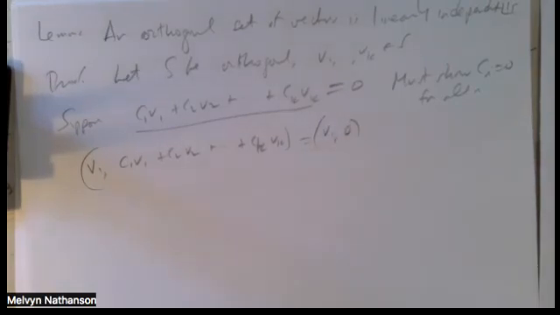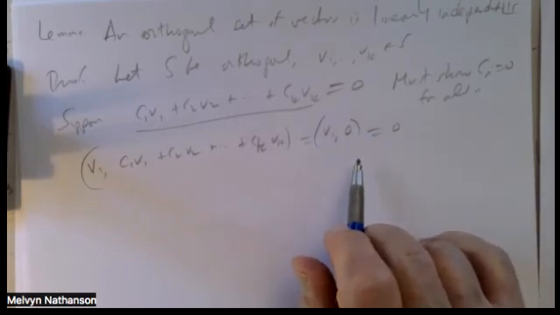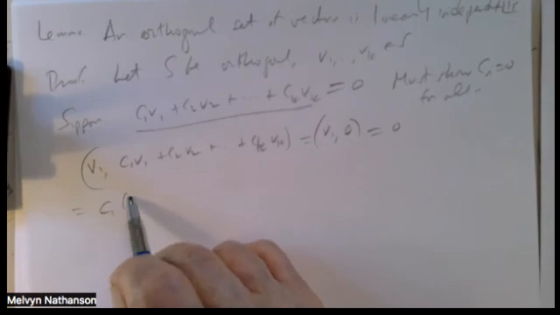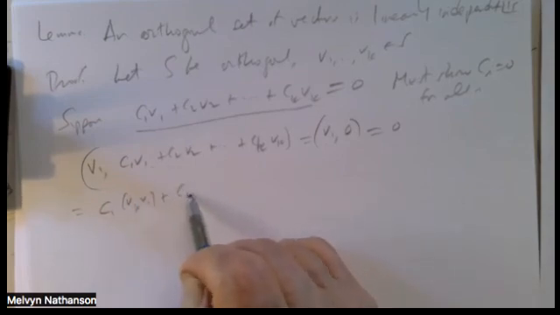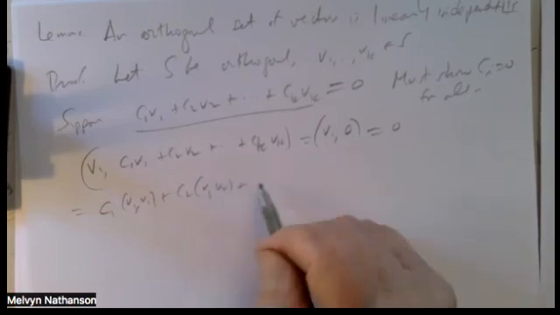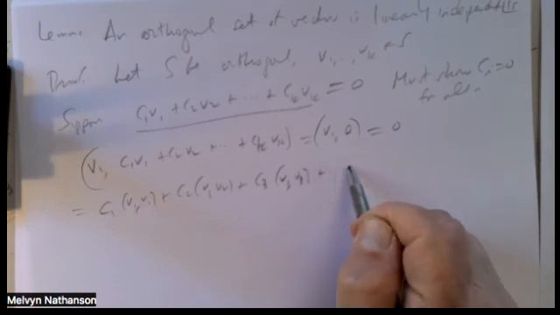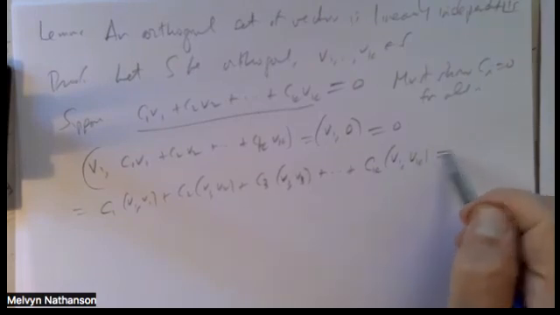On the one hand, this vector is 0, so this is v1 inner product with 0. And the inner product of any vector with 0 is 0. But on the other hand, by bilinearity, this is equal to c1 (v1, v1) plus c2 (v1, v2). If I kept going, I would get c3 (v1, v3) all the way up to ck (v1, vk) equals 0.